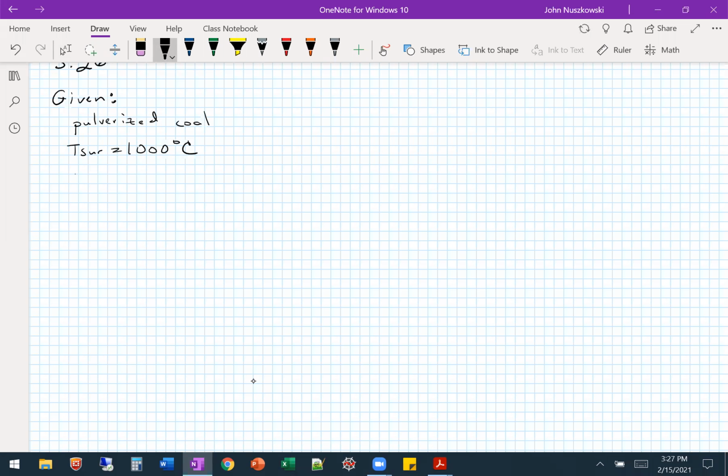The velocity is 3 meters per second. The diameter is 1 millimeter, which is 0.001 meter. It says there's radiation heat transfer.